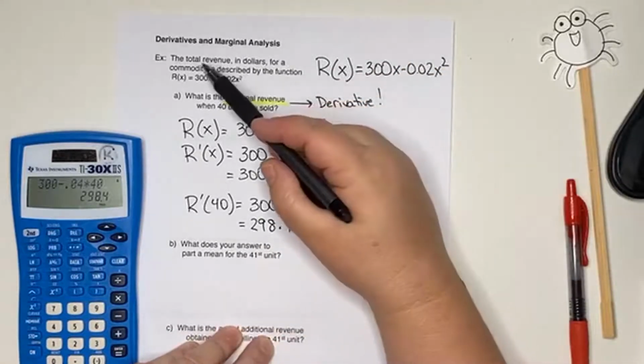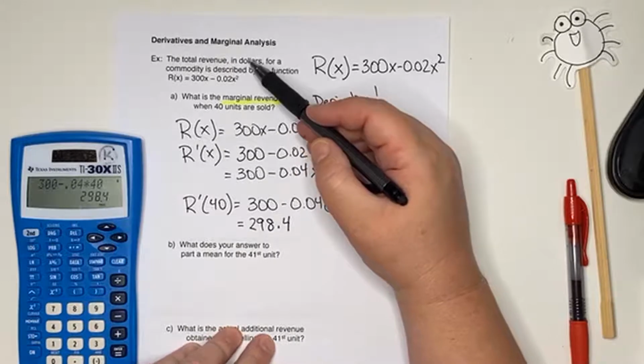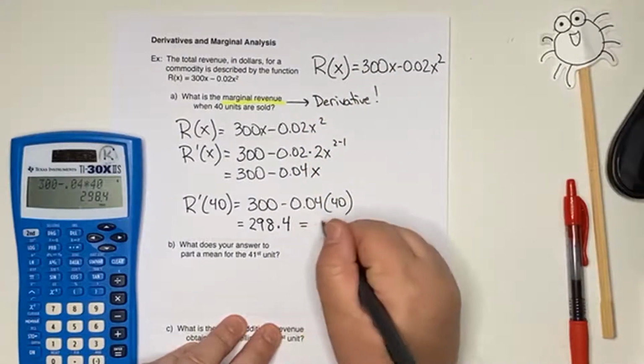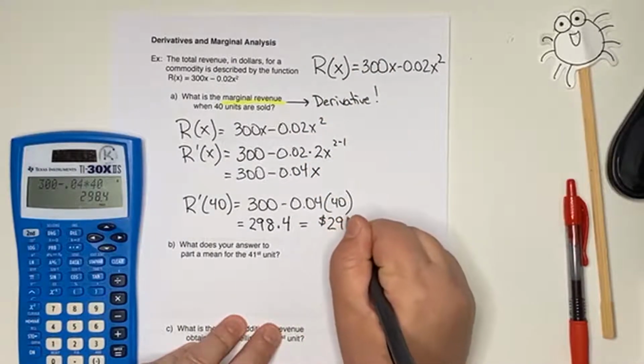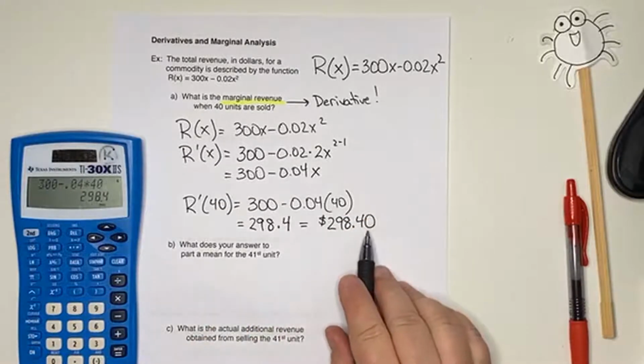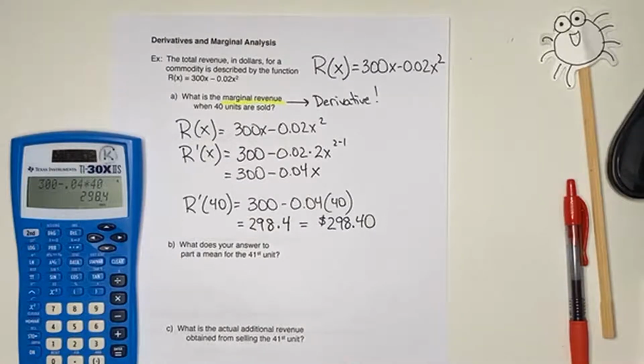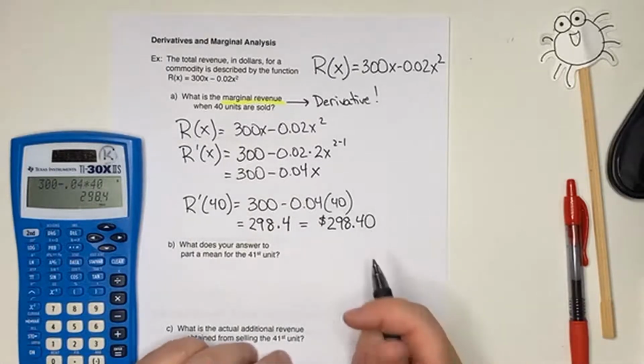Now, total revenue is an application with units. This is in dollars, so we've got $298.40. Remember that dollars are counted with two digits to the right of the decimal point, or if you're in another country, a comma. The United States flips that: we use decimal points instead of commas and vice versa.